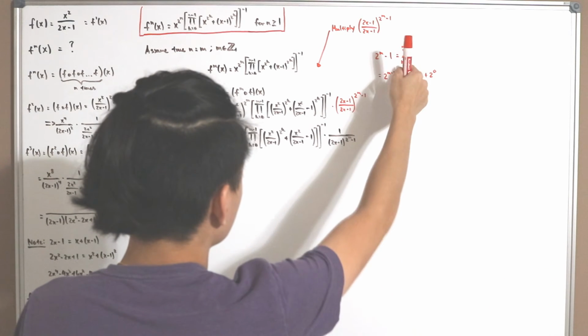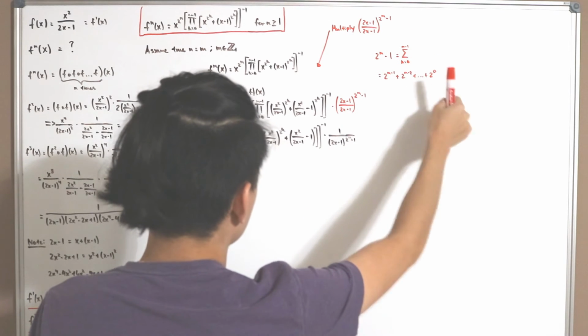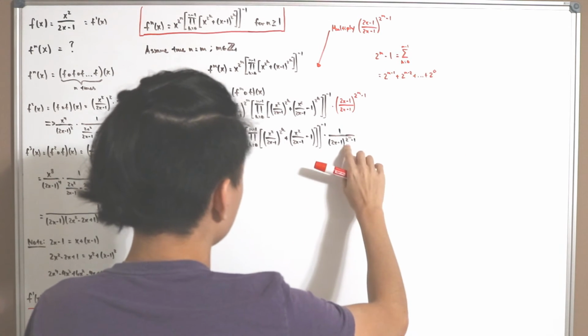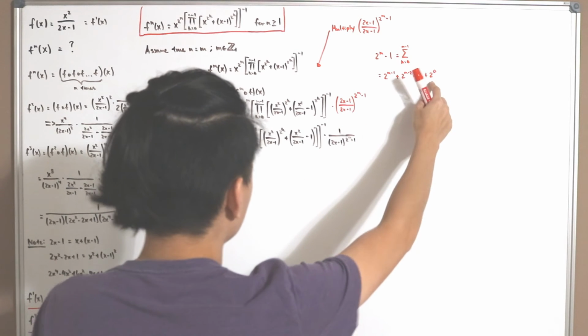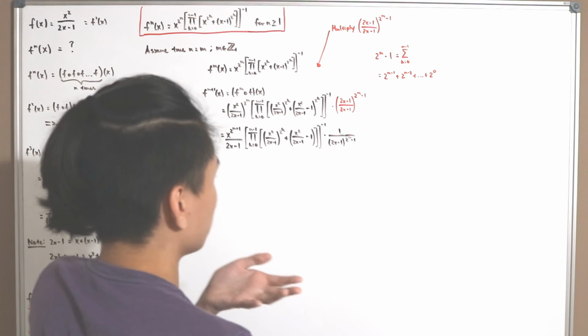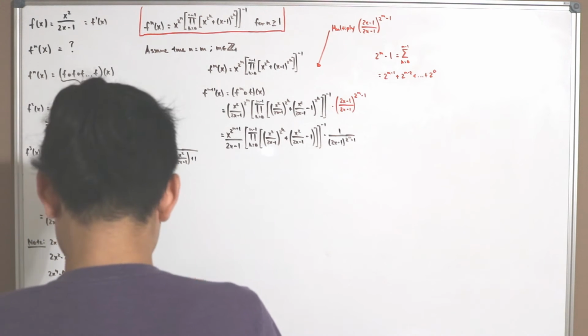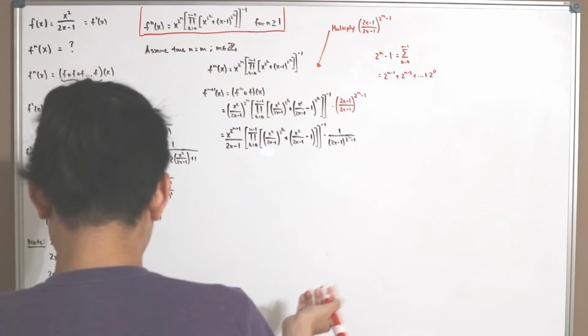2 to the n minus 1 is equal to the summation, which is equal to our series here from k equals 0 to n minus 1. So we can replace our series here, and then notice that we can use our rules for exponents and multiply it as products.